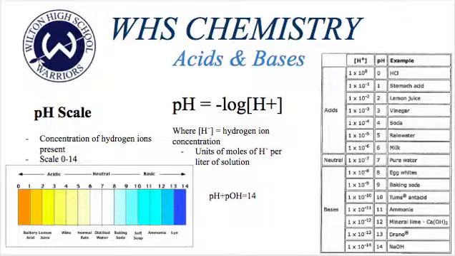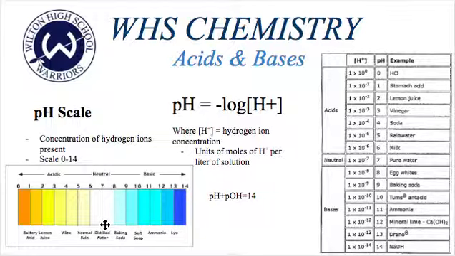Pretty much the pH scale is the measure of acidity, and it's the concentration of hydrogen ions present, and the scale goes from 0 to 14, as shown in this picture. The closer you are to 0, the more acidic you are. The closer you are to 14, the more basic, and 7 is neutral.